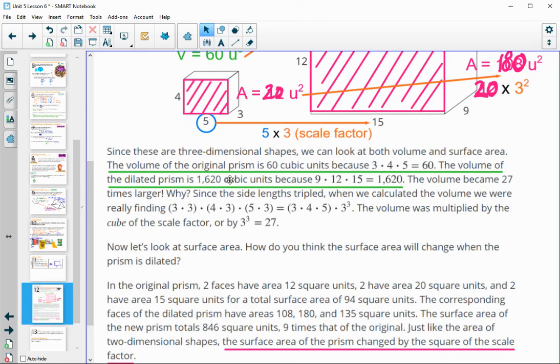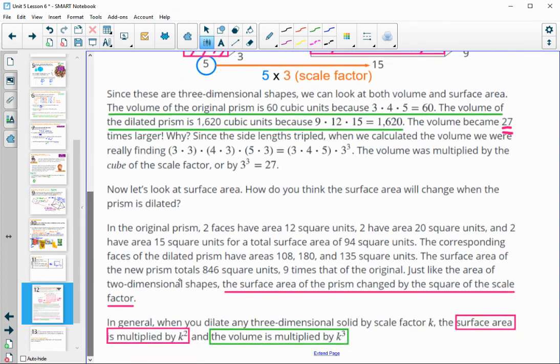If the original was 60, you could multiply all of the lengths by 3 to get the new volume. You could also multiply by 27, which is your k cubed. So surface area is changed by the square of the scale factor, and volume is changed by k cubed.